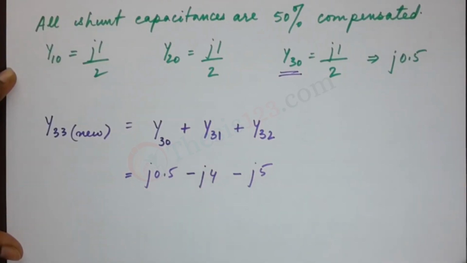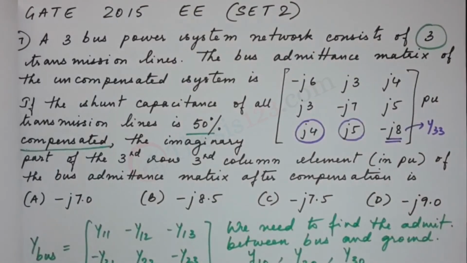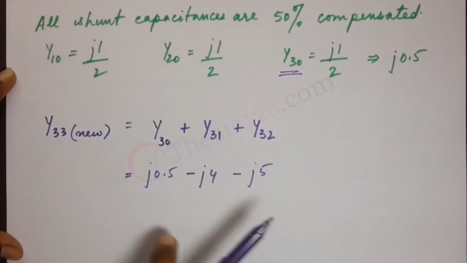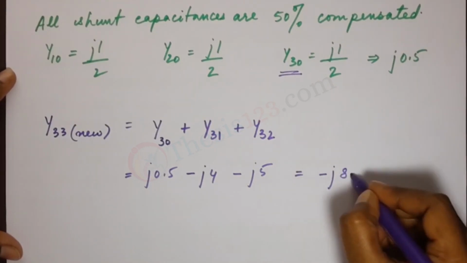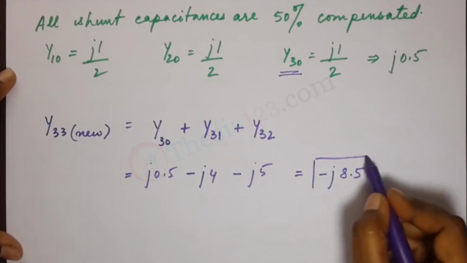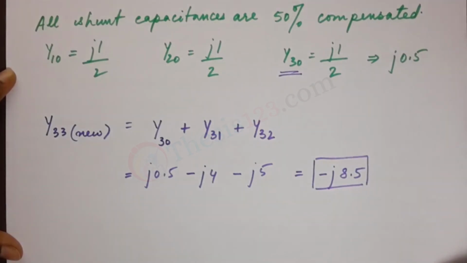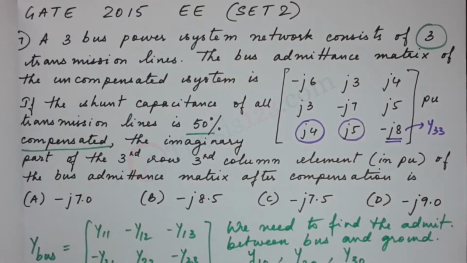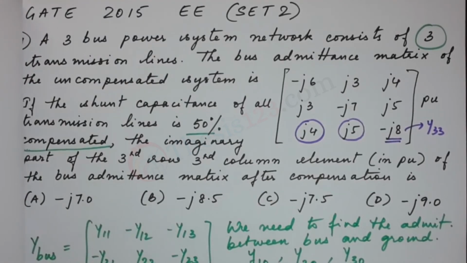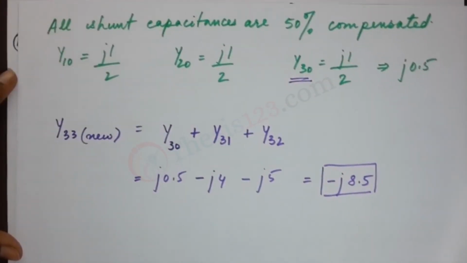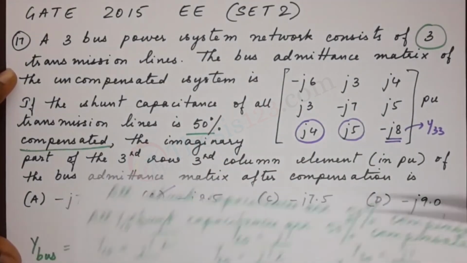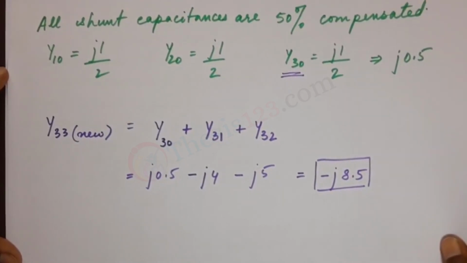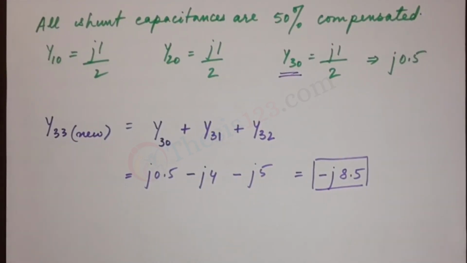It depends on the standard Y bus that we have drawn. Now if we solve this, we get minus J8.5. So this is the imaginary part of the third row and third column. So minus J8.5 matches option B. This is the entire solution, and I hope it helps.